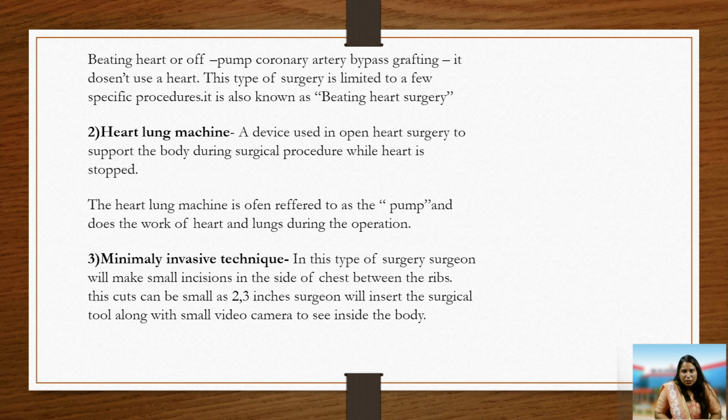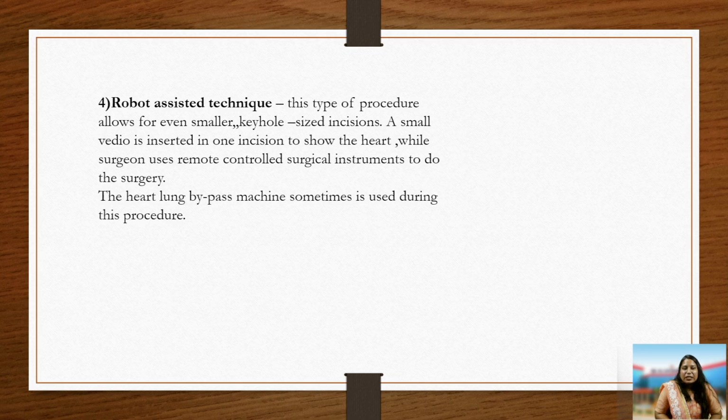The next one is the minimally invasive technique. In this type of surgery, the surgeon will make small incisions in the side of the chest between the ribs. These cuts can be as small as 2-3 inches. The surgeon will insert surgical tools along with a small video camera to see inside the body. The next one is the robot assisted technique.